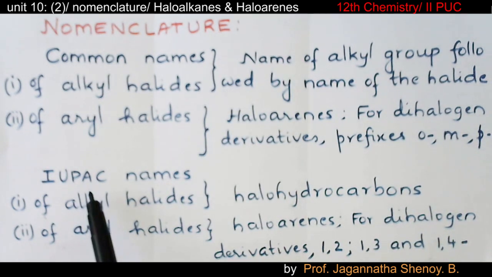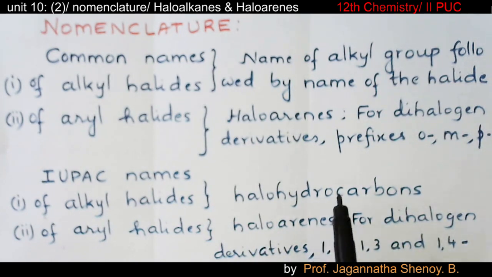Next, when we move over to IUPAC names of alkyl halides, we simply mention them as halohydrocarbons in general. In the same way, in IUPAC nomenclature of aryl halides, we mention them as haloarenes, same as common names.